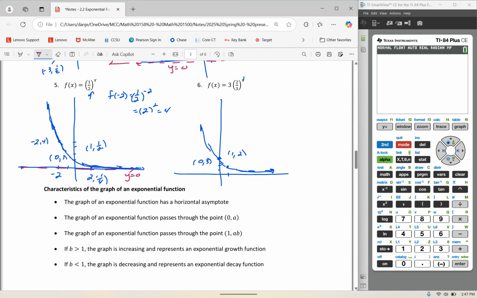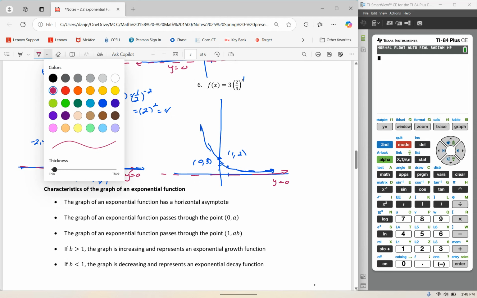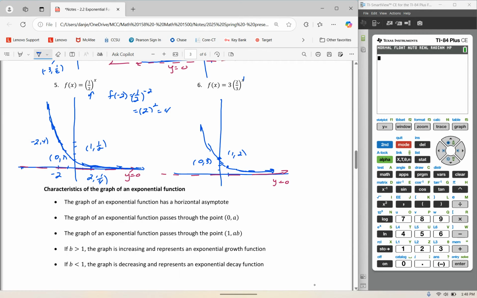It is difficult when graphing these functions to make a distinction from curve to curve to curve. It's why it's so crucial that you must always draw and label the horizontal asymptote. You must always draw, plot, and label at least 2 points. Okay? Now, in numbers 5 and 6, you notice that these graphs are getting smaller.